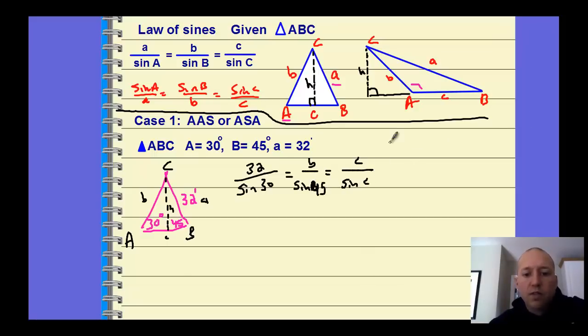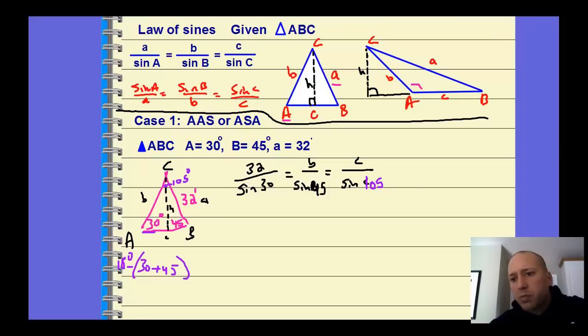We could do some quick math and say 30 plus 45 and then subtract that amount from 180 to find our third angle is 105. So then we know that 105 degrees is angle C. It's actually an obtuse triangle.